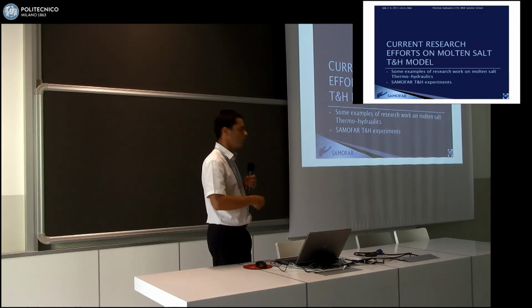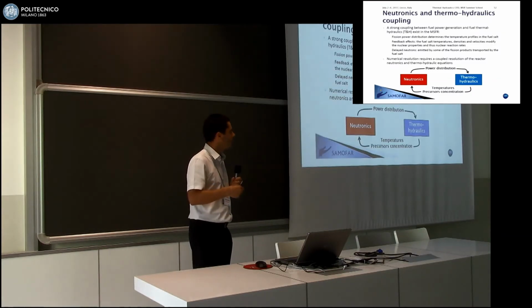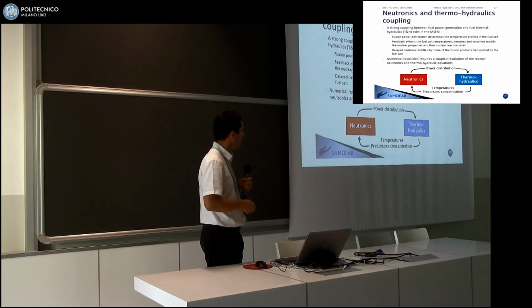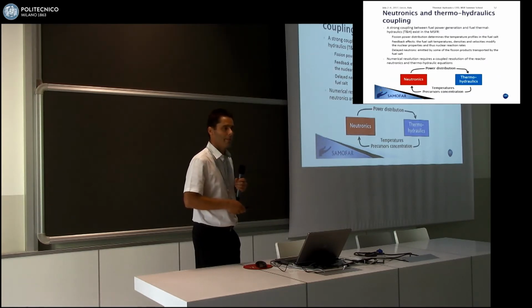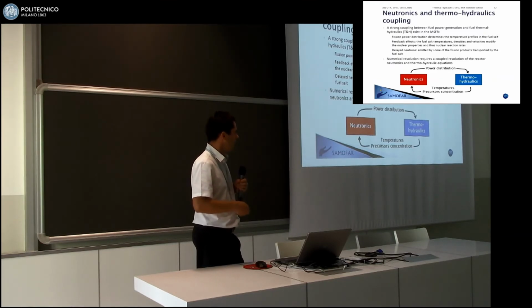This is more focused on what we are doing in SAMOFAR. So I talked in the first part very quickly about the modeling effort, and then we talk about some experiments. As Sandra mentioned this morning, the only way you can model the MSFR with some precision is to do a coupling between the neutronics and thermohydraulics. This is probably the easy way of doing the coupling.